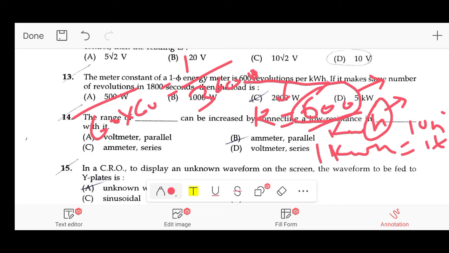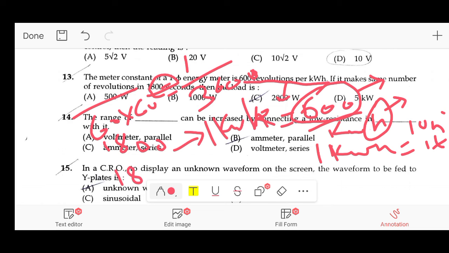So for every 3600 seconds, if the meter makes 600 revolutions, the reading will be 1 kilowatt hour. He has given 1800 seconds only, in which the disk completes 600 revolutions, meaning 1 kilowatt hour reading is completed.